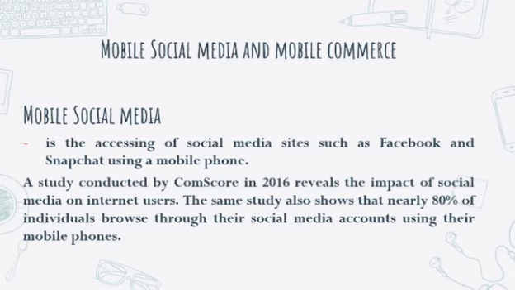A study conducted by Comscore in 2016 reveals the impact of social media on internet users. The same study also shows that nearly 80% of individuals browse through their social media accounts using their mobile phones.